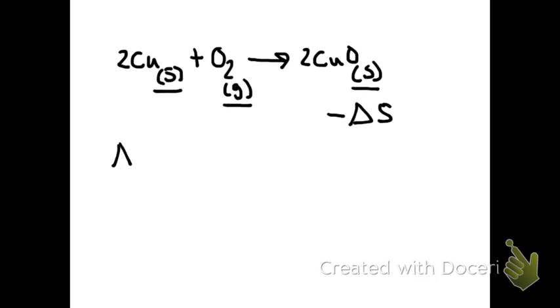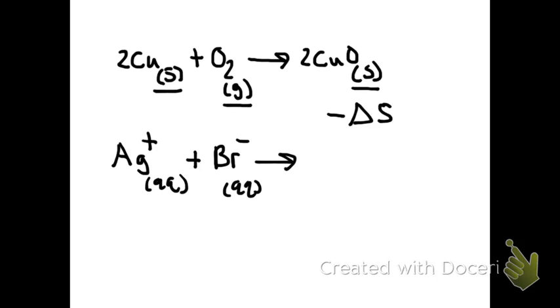Alright, let's look at another one. If I have silver ions in aqueous solution, plus let's do some bromide ions in aqueous solution, and we end up creating silver bromide solid. What is the sign for delta S? Is it becoming more ordered or more disordered in our universe?